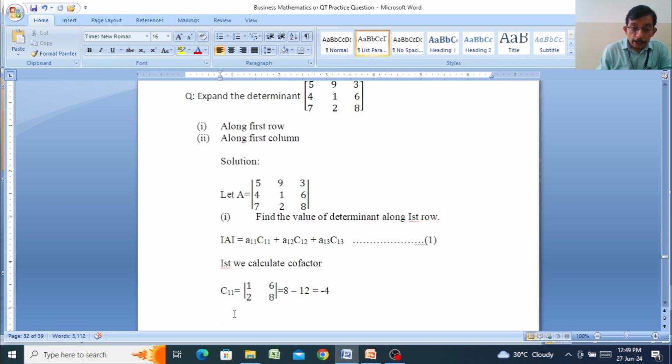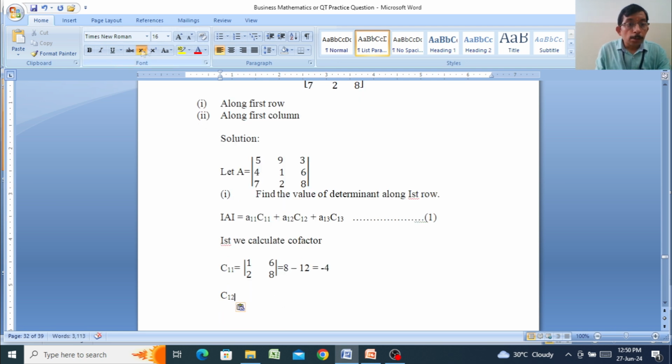Now we will calculate the second cofactor C12. The sum of the order is an odd number, so the sign is negative before the minor.